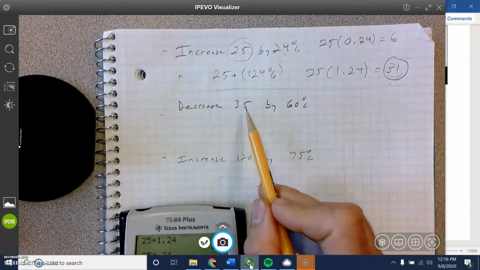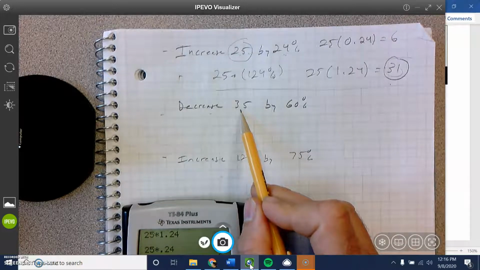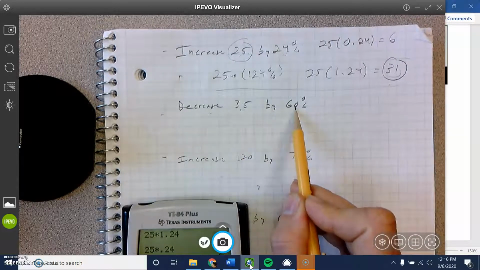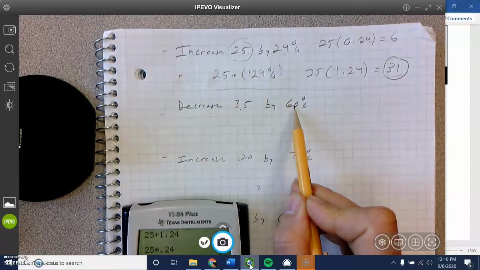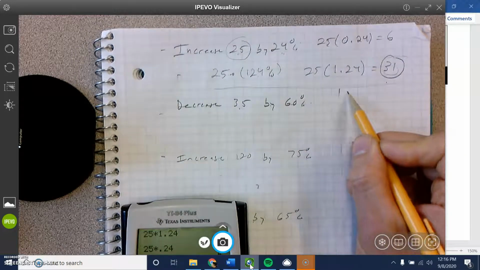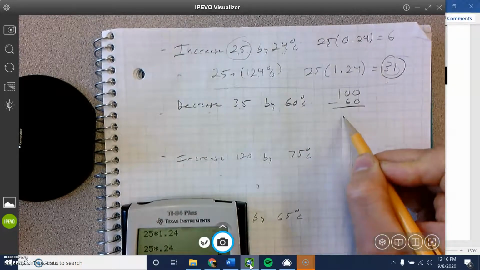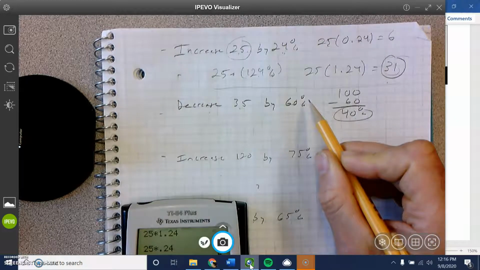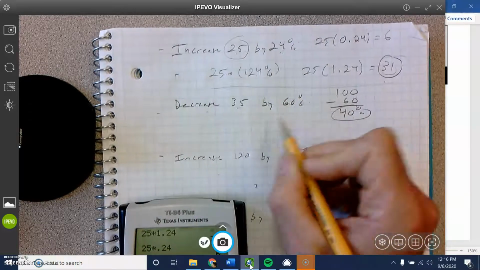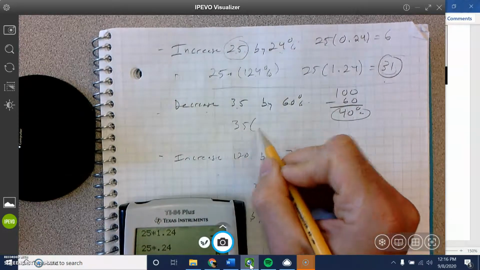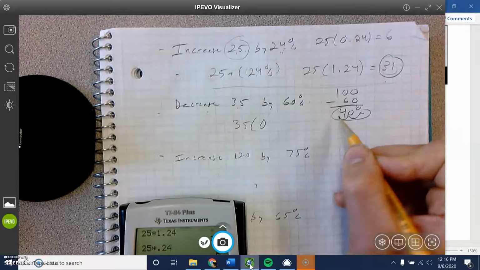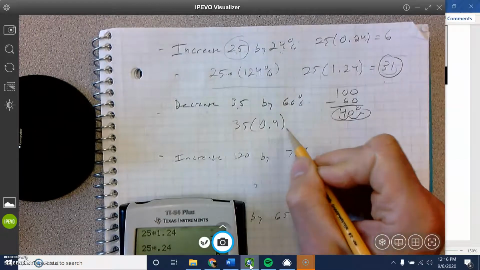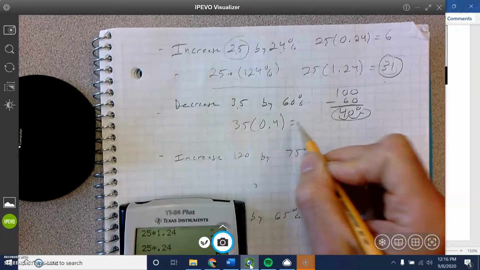So this is kind of like discount. So decrease 35 by 60%. So if 60% is gone, if you're decreasing it by 60%, that means you're keeping only 40%. If you're decreasing by 60, you're keeping 40. So 35 times, as a decimal, 4/10 or 40 hundredths.